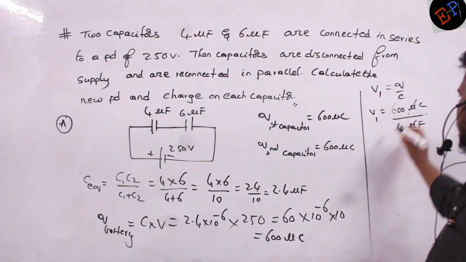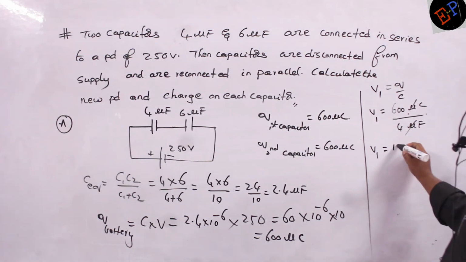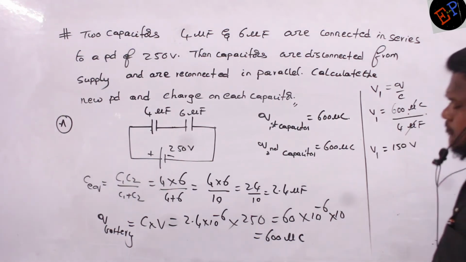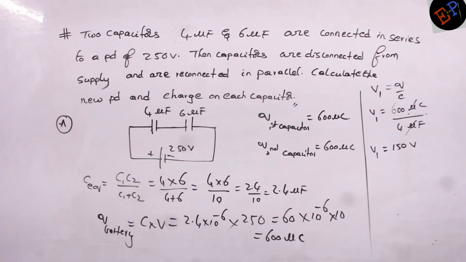The micro gets cancelled. So V1 is 600 by 4, which is 150 volts. Clear? So this is the potential on the first capacitor.